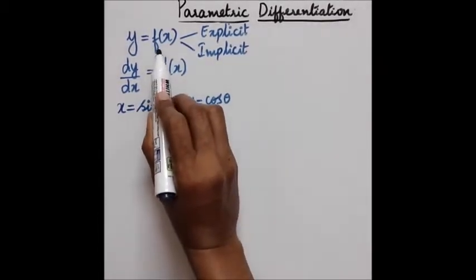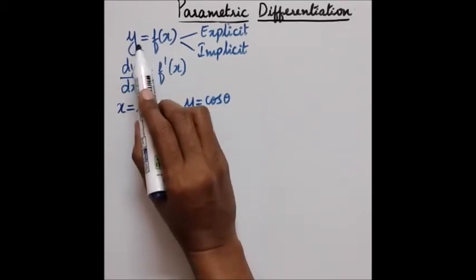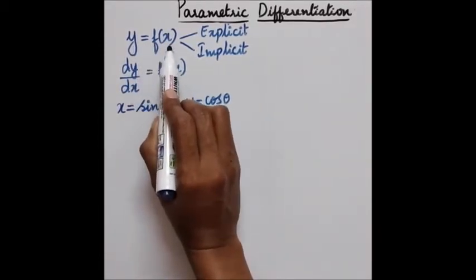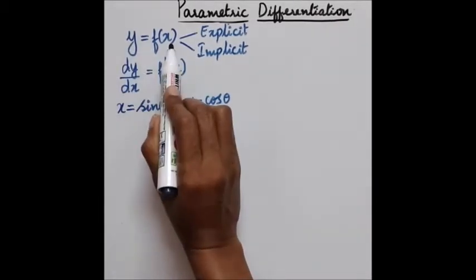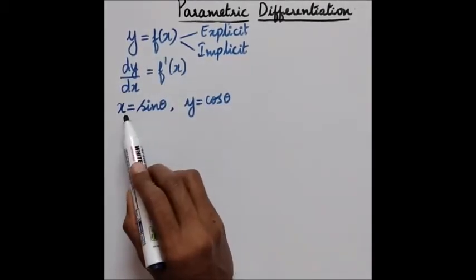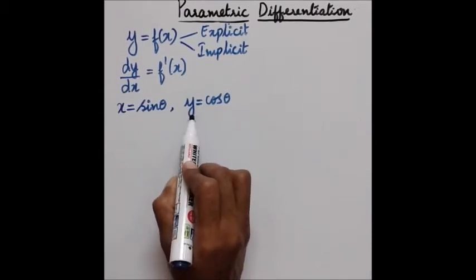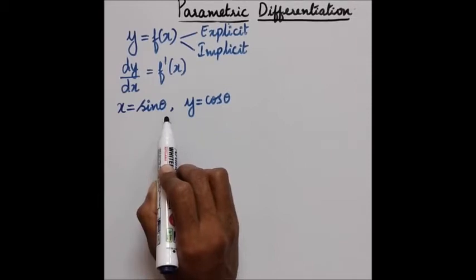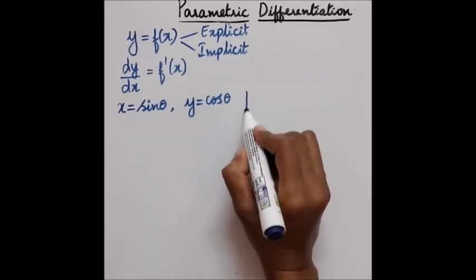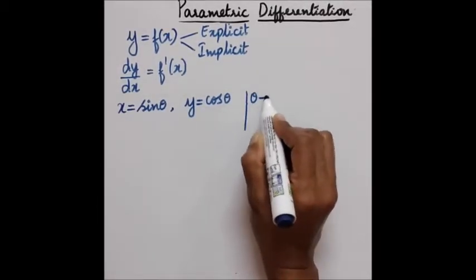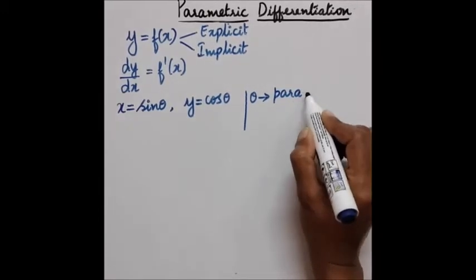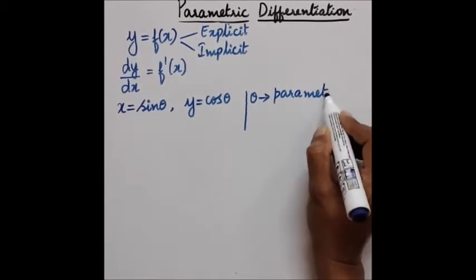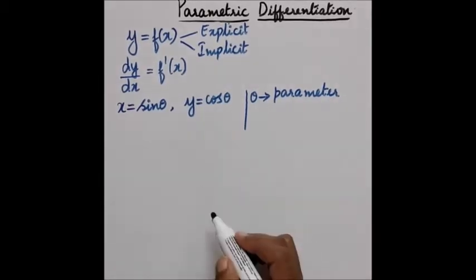In the earlier case, y was expressed as a function of x. x and y were related in one equation, whereas here x and y are expressed as functions of the third variable. Here, the third variable theta is called the parameter.